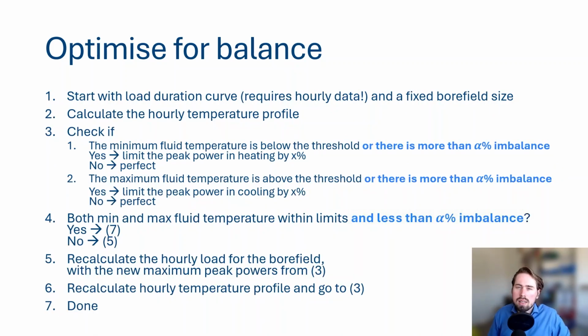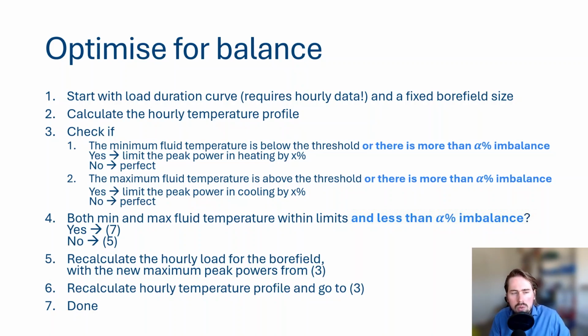And this is the optimization algorithm. What we do again, as was the case with the Optimise for Power, is we start with an hourly simulated building, so we have hourly data. We calculate the load duration curve and we start with a fixed bore field size. Then we apply this load to a bore field, we calculate the hourly temperature profile, and we check a couple of things.